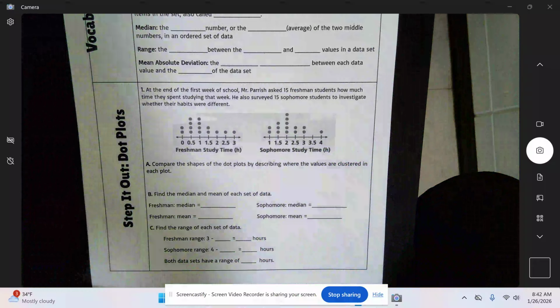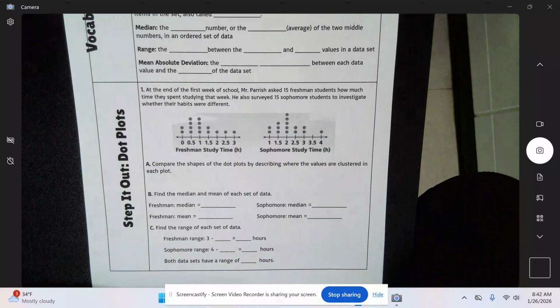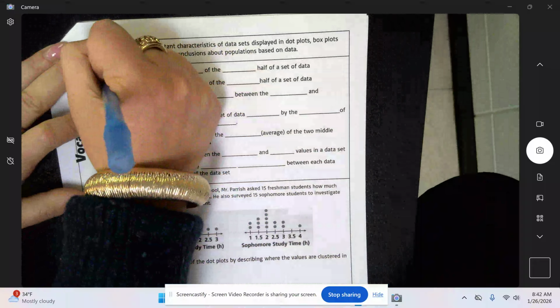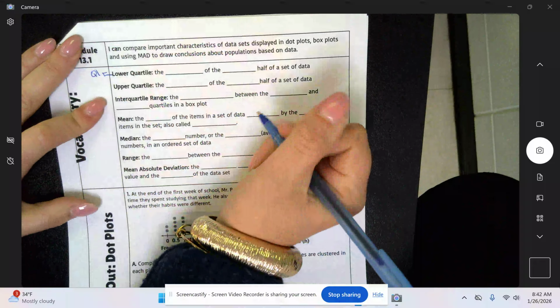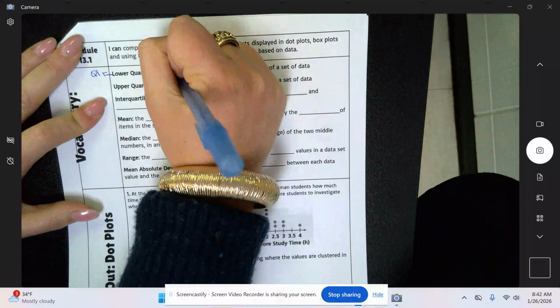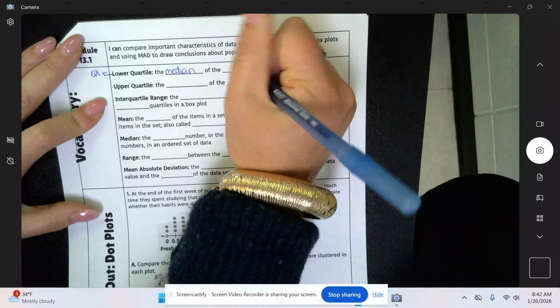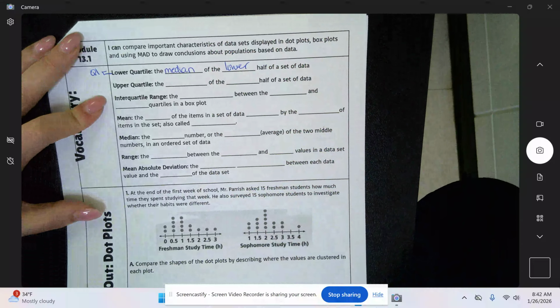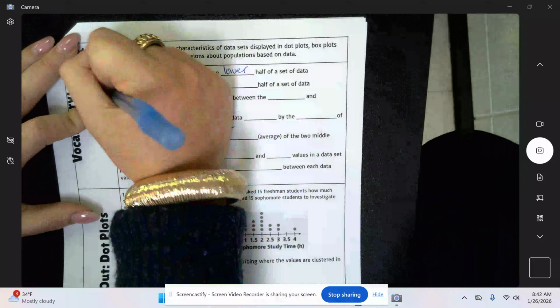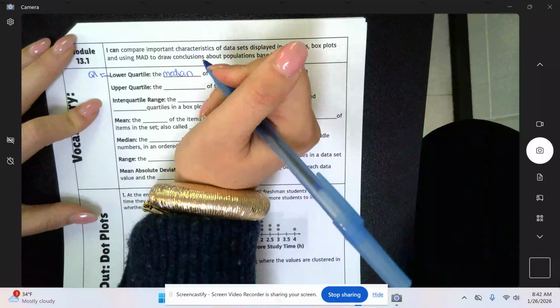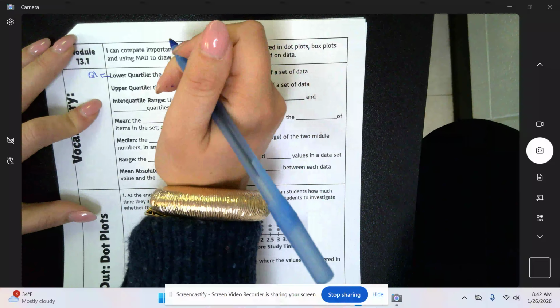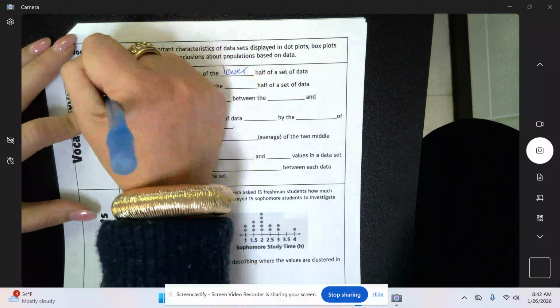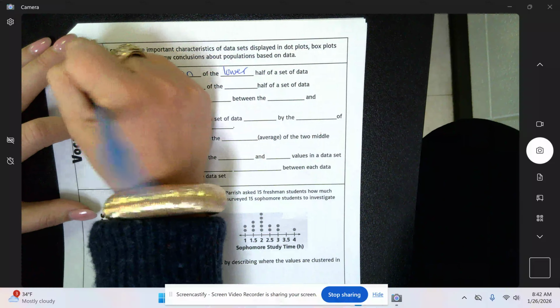Alright, so we've got some vocabulary. We have the lower quartile, which is also known as your Q1. It is the median, or the middle, of the lower half of the set of numbers. Your upper quartile is what? Q3. It's Q3 because Q2 is your median.